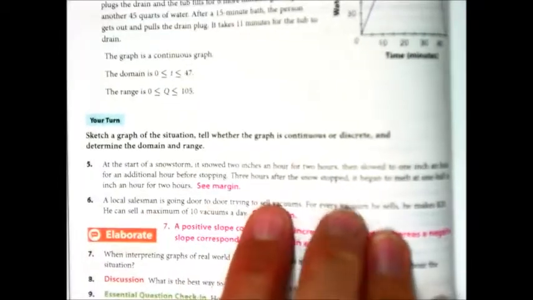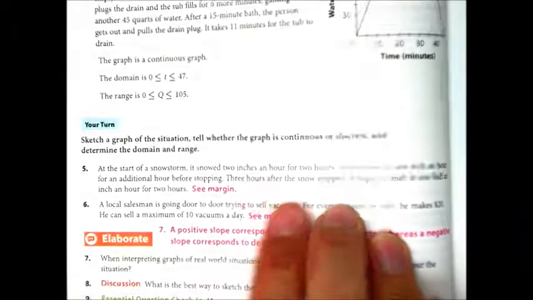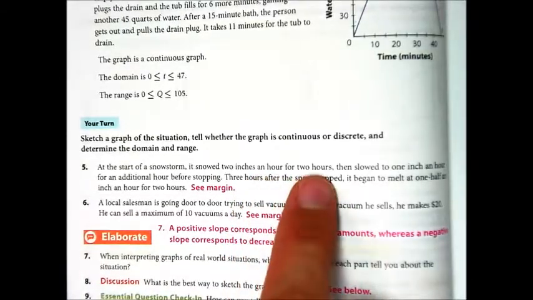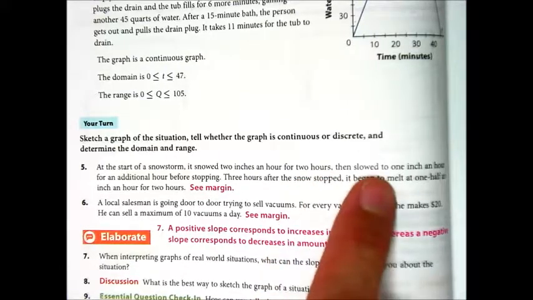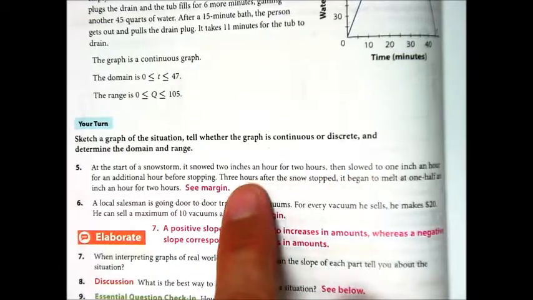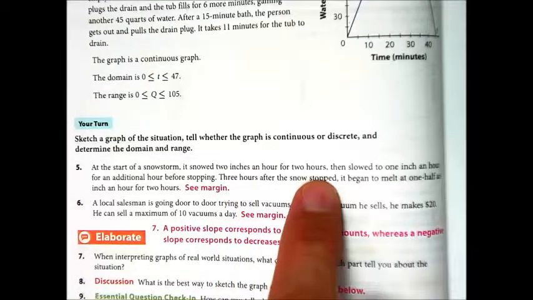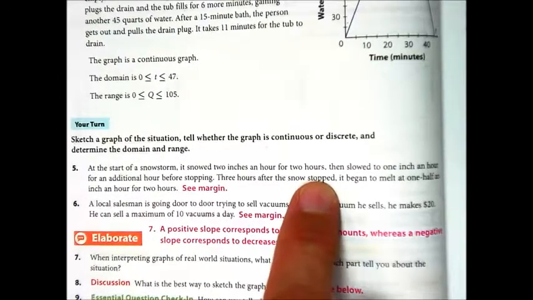So we're going to take a look at problem number 5, where it says that at the start of a snowstorm, it snowed 2 inches an hour for 2 hours, then slowed to 1 inch an hour for an additional hour before stopping. And 3 hours after the snow stopped, it began to melt at 1/2 an inch an hour for 2 hours.